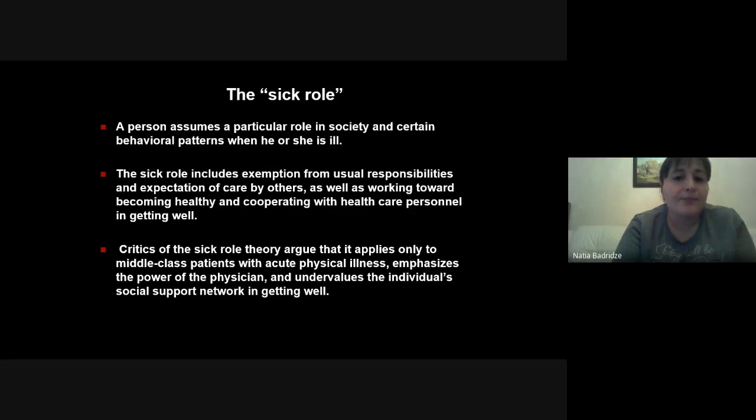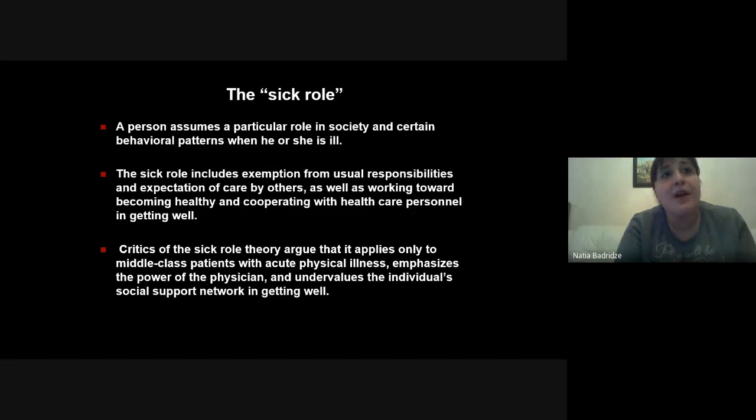The patient should work toward becoming healthy and cooperate with healthcare personnel in getting well. This is a sick role. The critics of the sick role theory argue that it applies only to the middle class patient with acute physical illness, emphasizes the power of the physician, and undervalues the individual social support network in getting well.